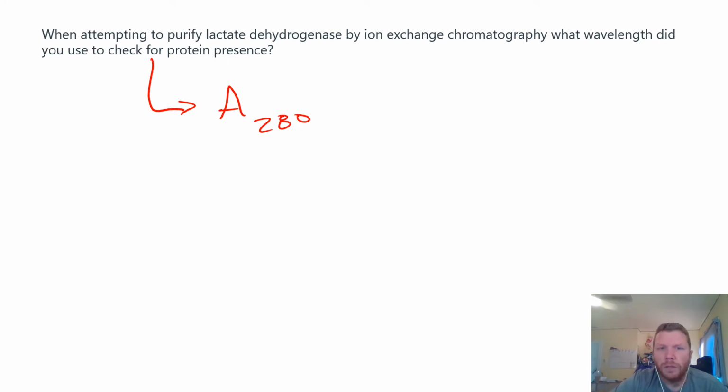What A280 allows us to see is, specifically, aromatic amino acids: tryptophan, tyrosine, and phenylalanine. Those amino acids are obviously building blocks of protein. So if we have absorbance at 280 nanometers, then we've got what we're looking for, or we do have protein in that sample.